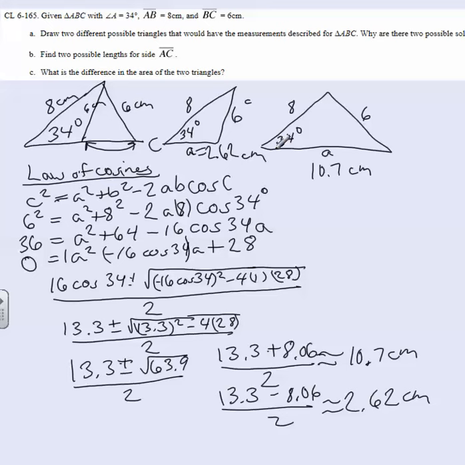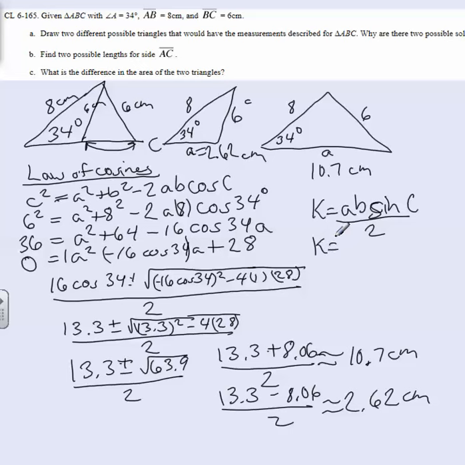So we found the two possible lengths. What's the difference in the area of the two triangles? To find that, we're going to need to use our side angle side area formula, where our area, we use K as the variable, is A times B times sine of C divided by 2. So we can find the area of each by substituting.